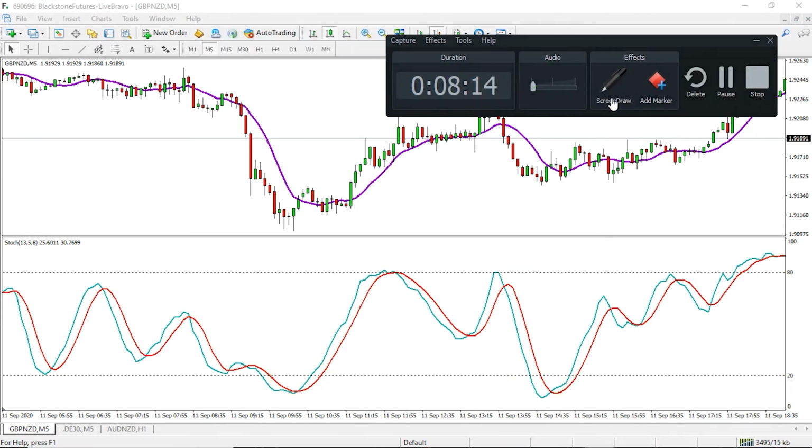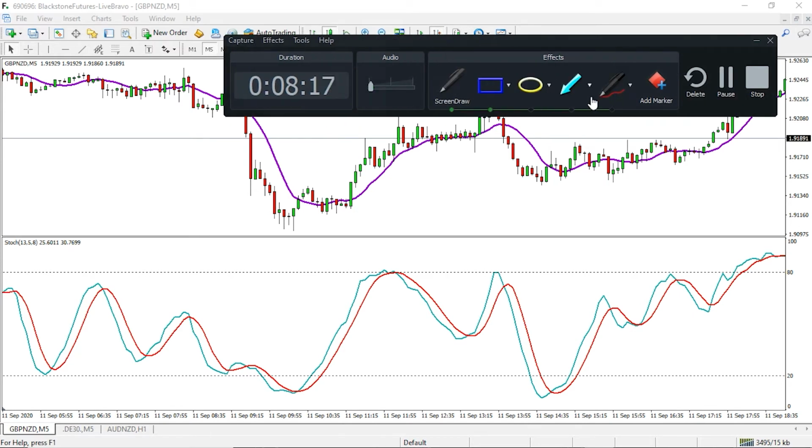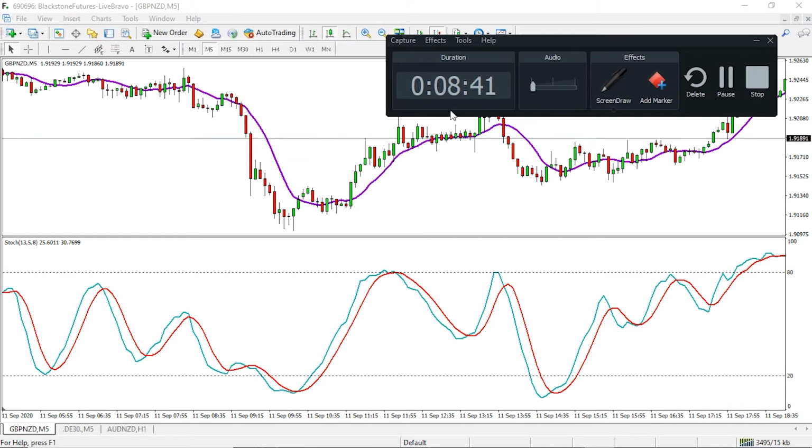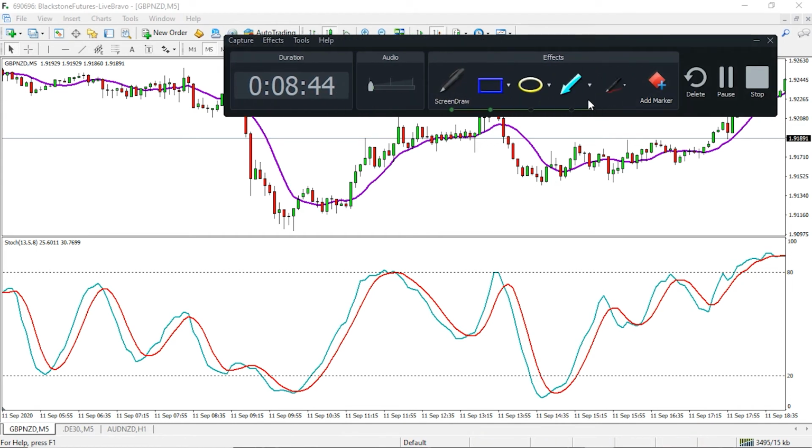My double confirmation system comes in the form of price closing inside the moving average. So if we are going long, I want price to close inside the purple moving average line. If I'm wanting to go short, I want price to close inside the moving average. And what you'll find, guys, with this double confirmation system is that this particular crossover and this close inside should happen not simultaneously, but at very roughly the same time.